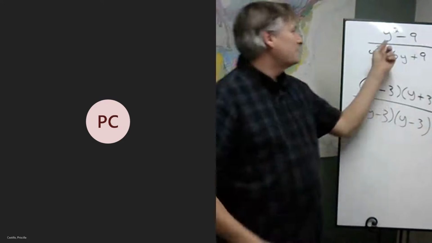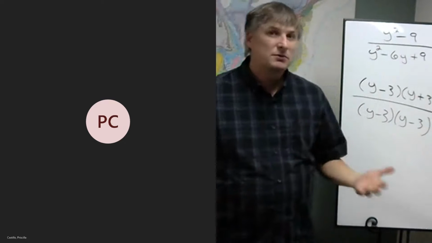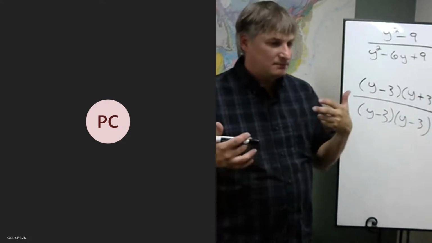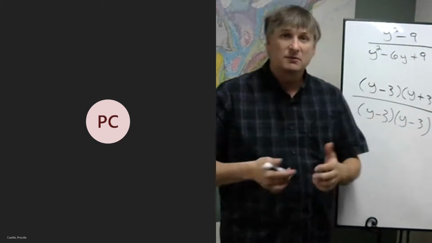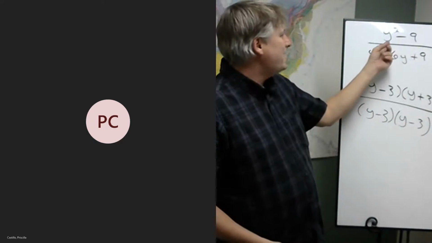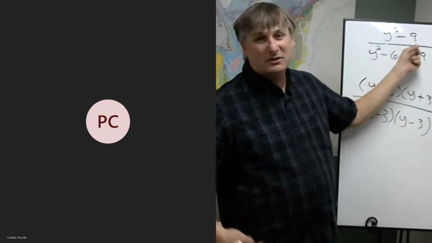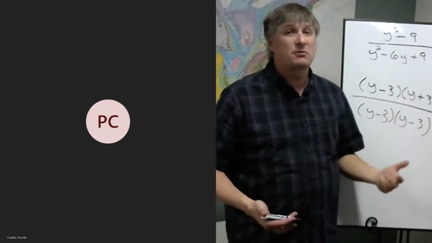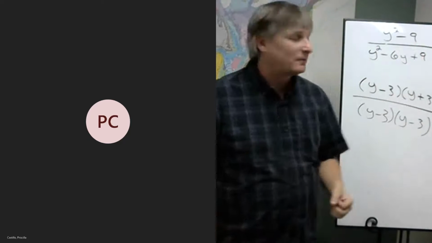So in this case, we've got the difference of squares. So we use our form for difference of squares, where the a is y and the b is actually 3. We're squaring 3 to get 9.